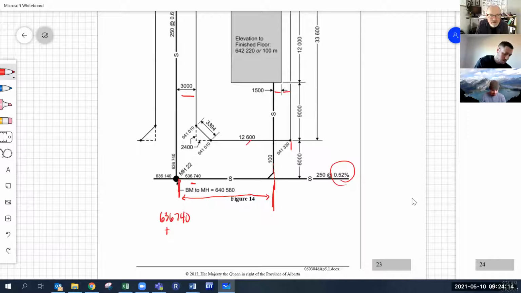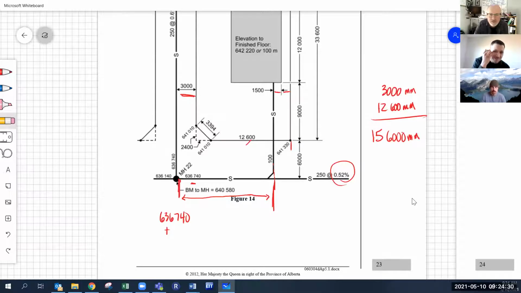So 3,000, let me just add this up, 3,000 millimeters plus 12,600 millimeters. That's 15,600 millimeters, or 600, not 6,000, Doug.